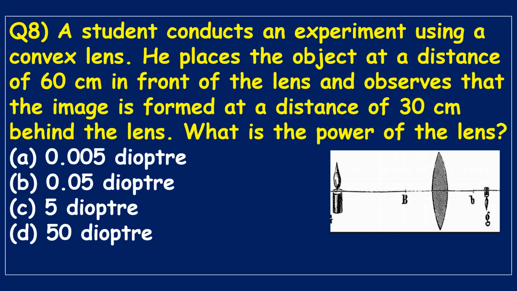The formula is power equals 1 by f. If you put 1 by 0.2, you will get 5 diopters, right? Here your answer is option C, 5 diopter.